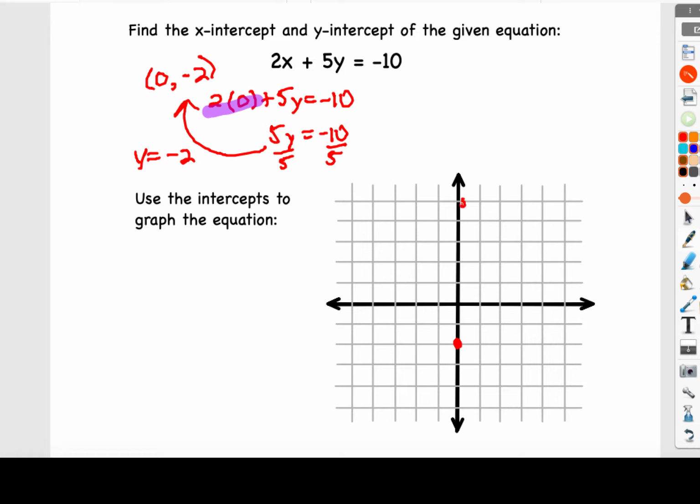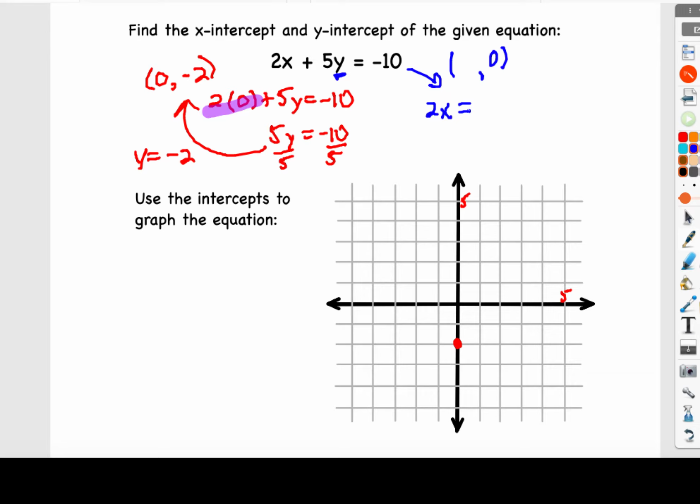Again, assuming I'm counting by ones, I'm just going to label these 5s out here, counting by ones on my graph. Let's do the same thing as far as the other number here. So we're going to find x when y is 0. Well, 2x plus 5y, but if y is going to be 0, I can kind of ignore that term, can't I?